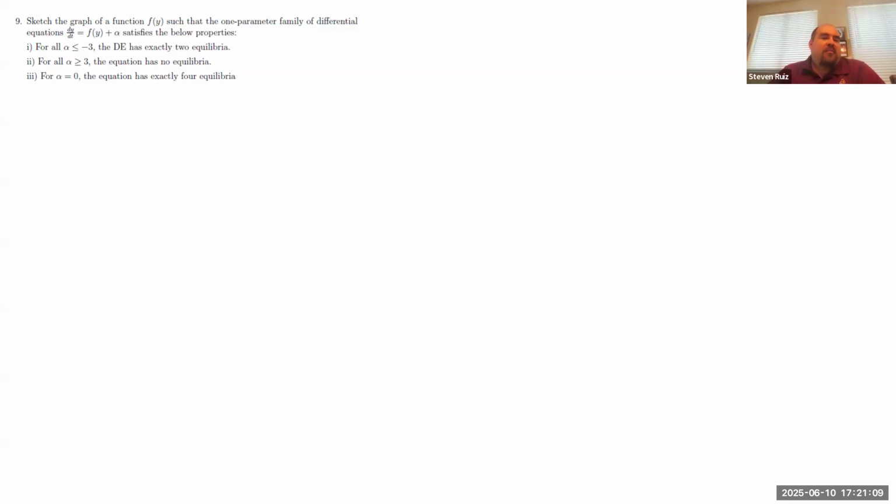So for all alpha less than or equal to -3, I have 2 equilibria. For all alpha greater than or equal to 3, I have no equilibria. And for alpha equal to 0, I have exactly 4 equilibria.